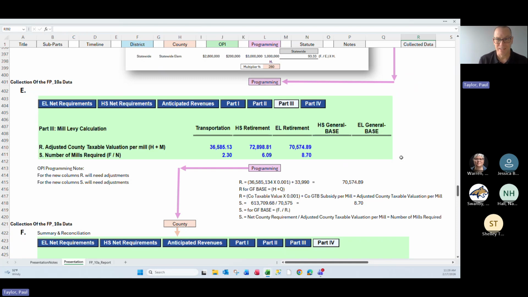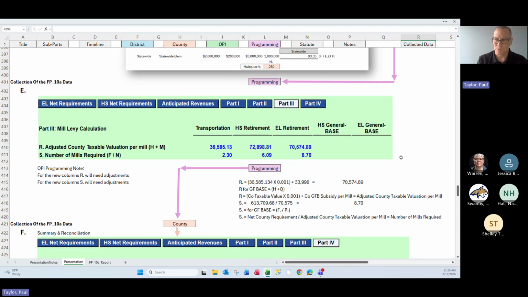Essentially, what the math does is it says, okay, county, here's all the requirements of all your districts, minus any non-levies, minus any fund balance you had. Here's the amount of the requirement for the county that's left.